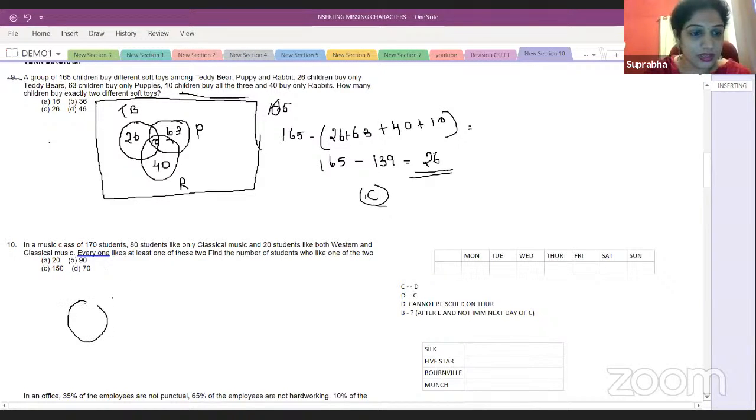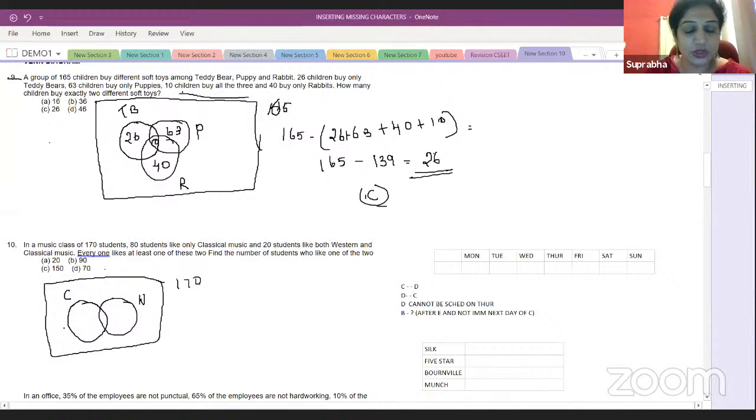So here I can take 2 circles, again one denoting classical music, one denoting Western music. Yes. How many strength? 170 is a total in which 80 students like classical music. So 80 students. There are 20 students who like both. So this is 20. This is my question mark as of now.